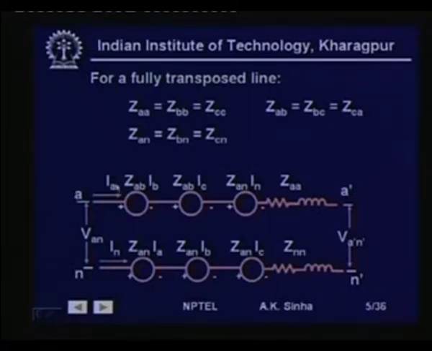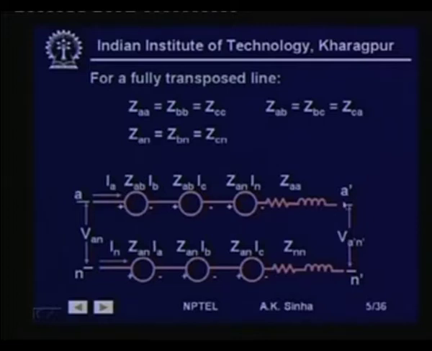Therefore, we have ZAB into IB, the voltage drop due to the current flowing in IB, and ZAB is basically ZAC. So, ZAC is equal to ZAB. So, we are writing ZAB into IC plus ZAN into IN plus ZAA into IA.